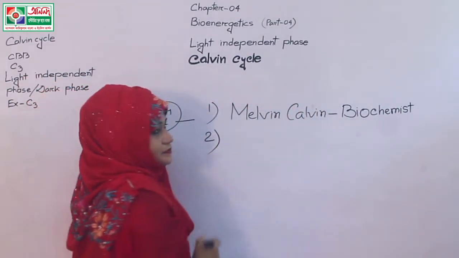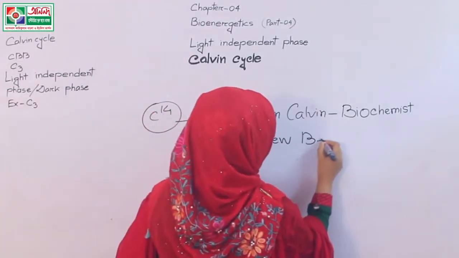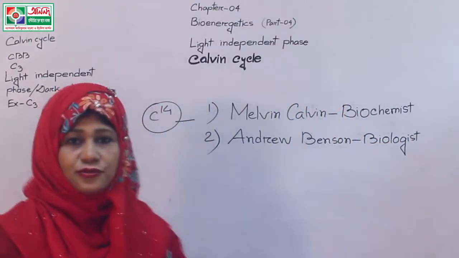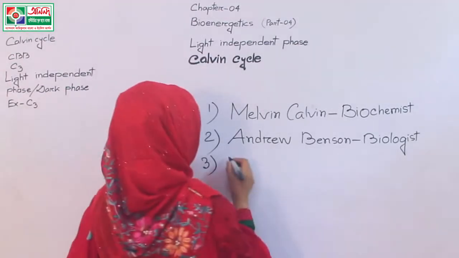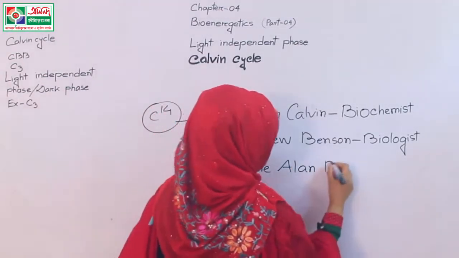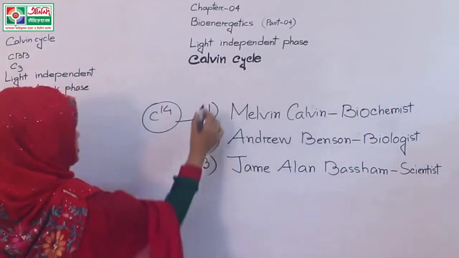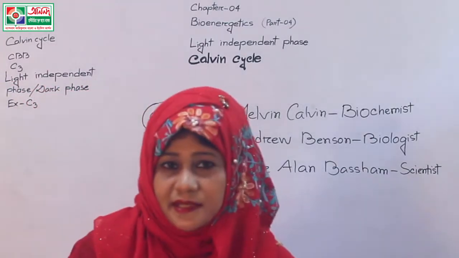Number 2, biologist Andrew Benson. And number 3 is James Alan Bassham. So these three are the pioneer workers for the Calvin cycle.